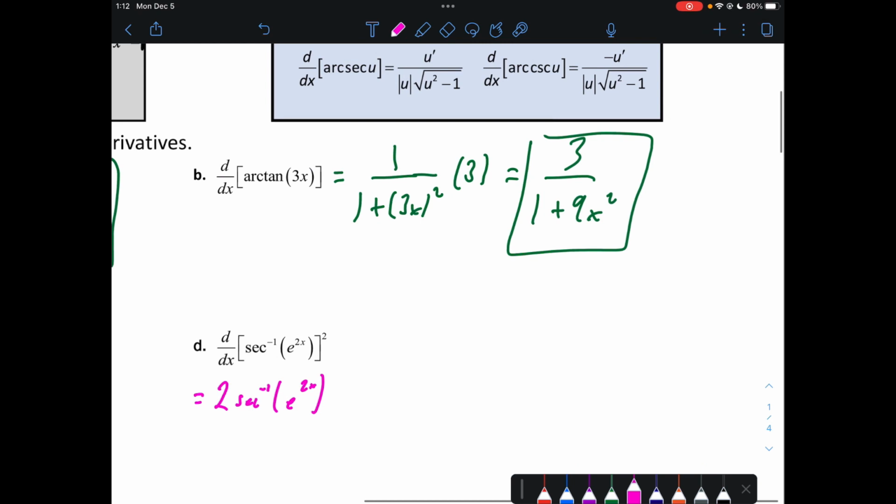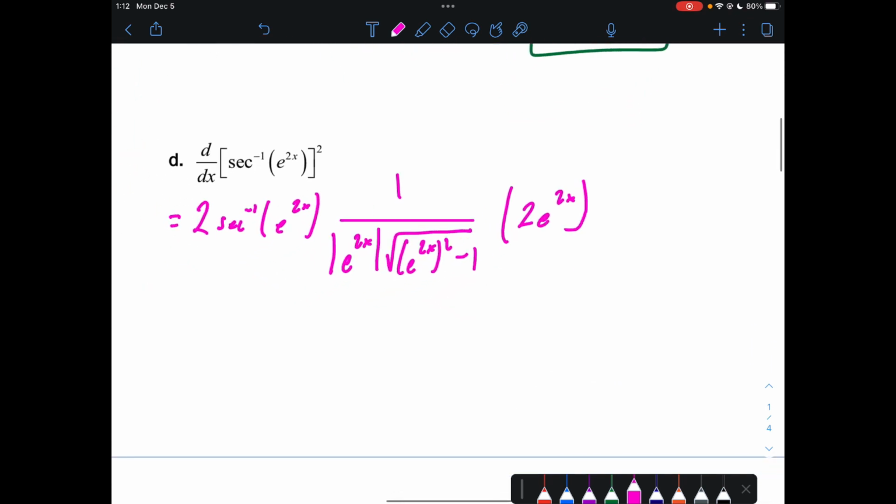Okay, so it's going to be times 1 over absolute value of u times root u squared minus 1. Okay, and then times chain rule times the derivative of u. So that would be times 2e to the 2x. So that's our answer, and that's a fine answer. There's nothing wrong with that answer.